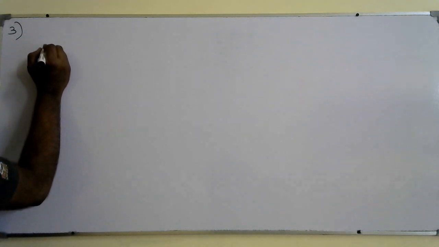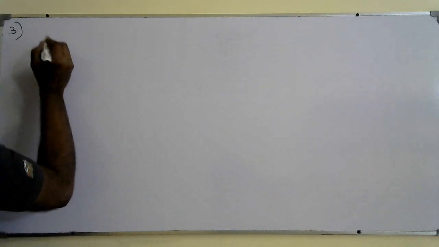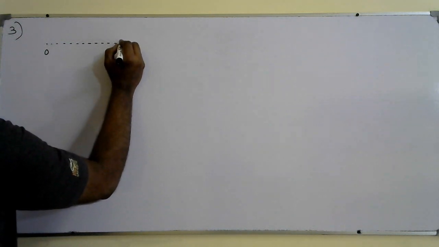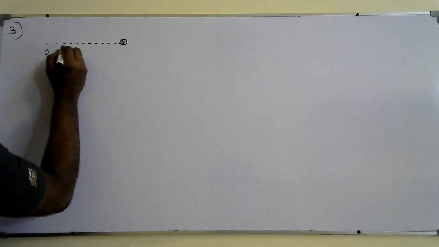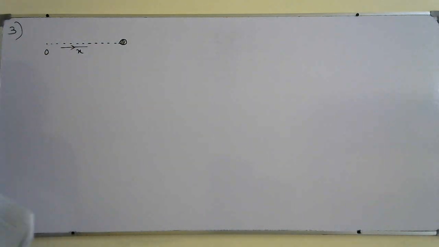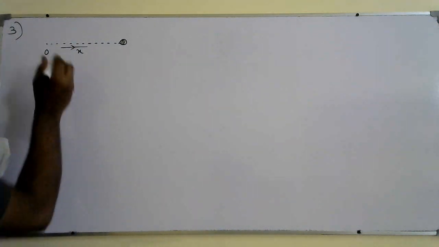So we can put it on a diagram. We say this is the point O. So at time t, it's at a distance of x from O. This is the particle. It's measured from O, and we will take it positive along the direction of motion.